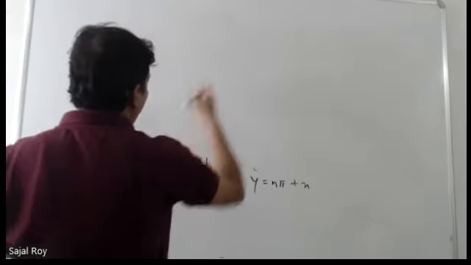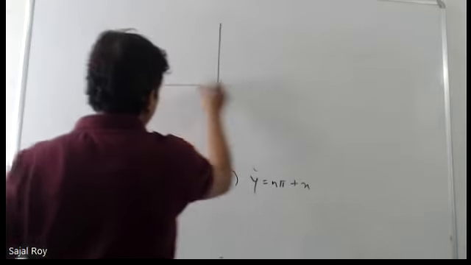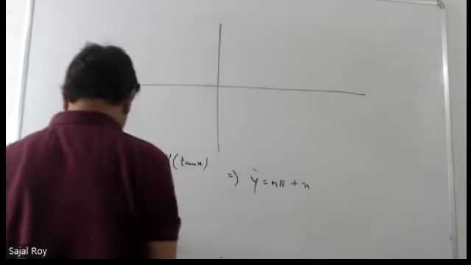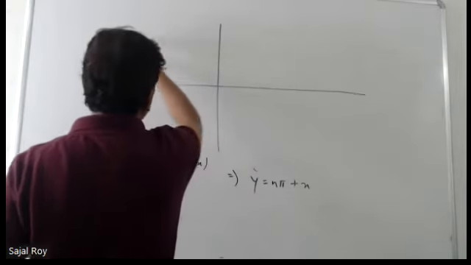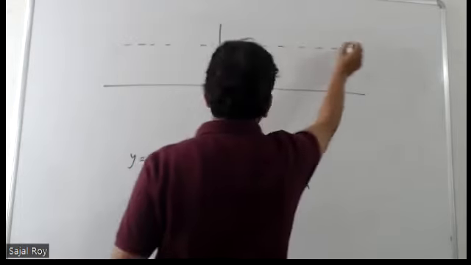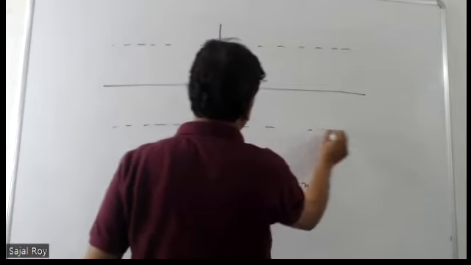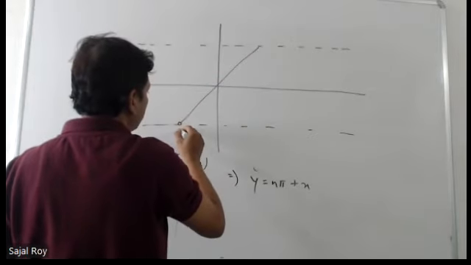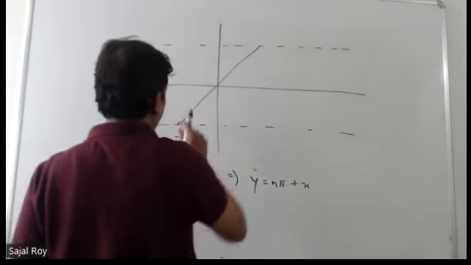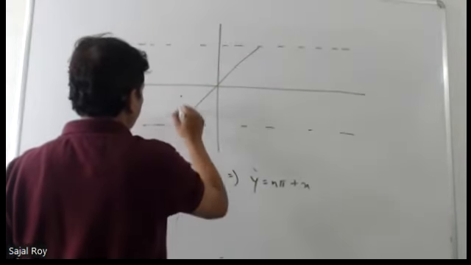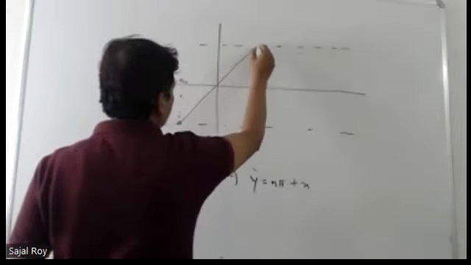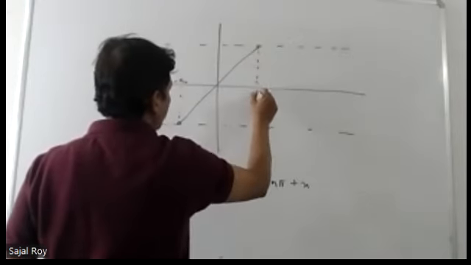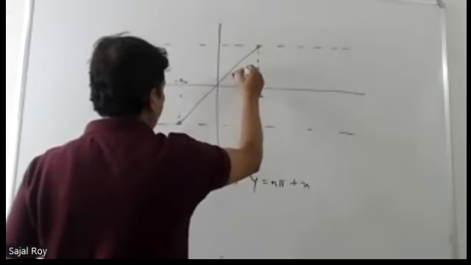Let me draw it. This is your minus pi by 2, this is your pi by 2, so this is your y equal to x.